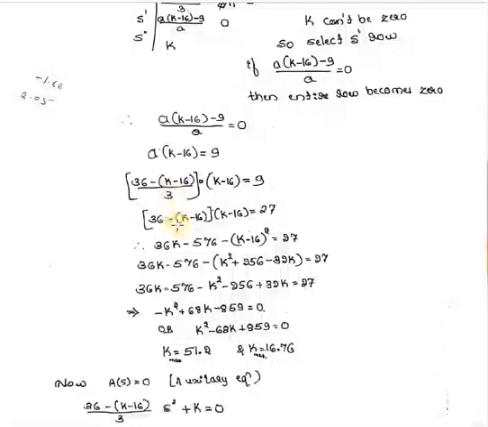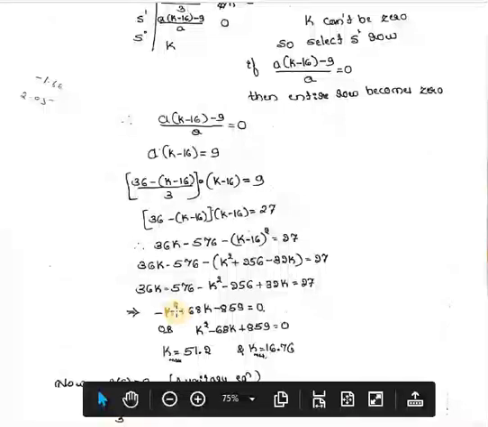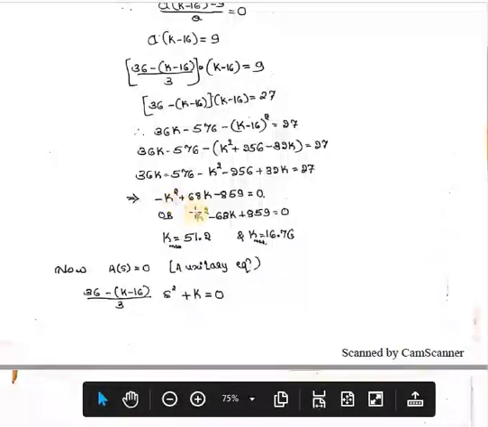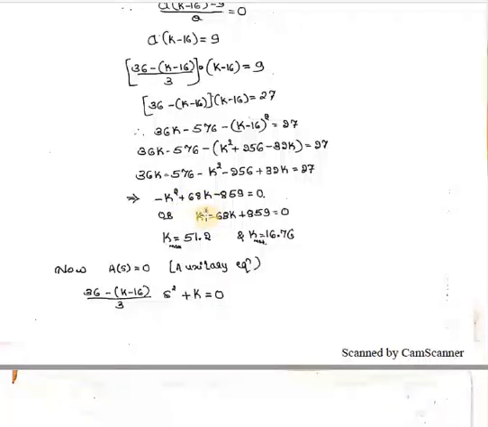So that time you need to simplify that equation to get the value of k. So here you will get that equation as a second order equation. So solve that equation to get the roots of that particular second order. So we'll get two roots as 51.2 and 16.76.